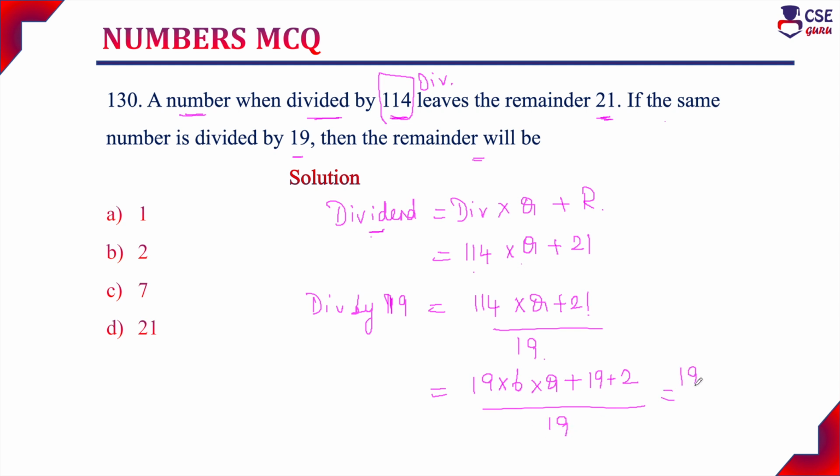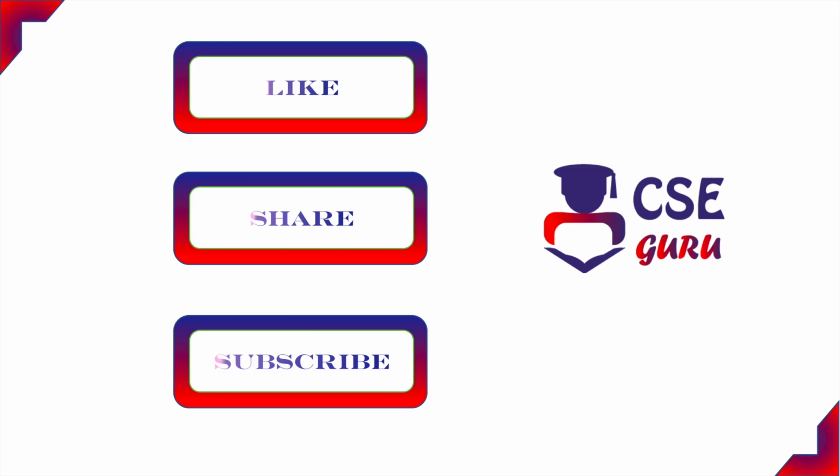Taking 19 outside, we get 6Q plus 1 plus 2 over 19. The 6Q plus 1 is the total quotient, and 2 is the remainder. So when divided by 19, we get remainder 2. The correct answer is option B, remainder 2. Thank you for watching this video.